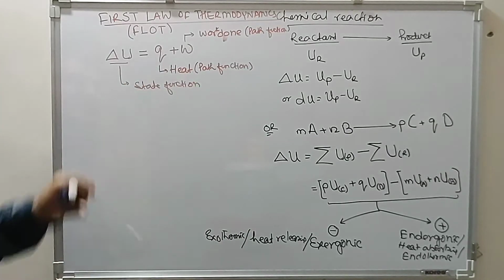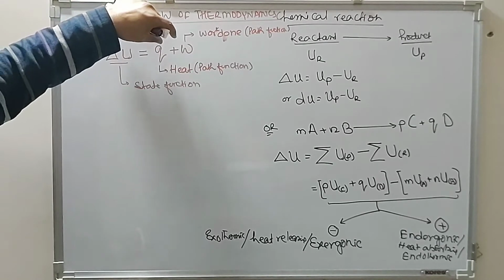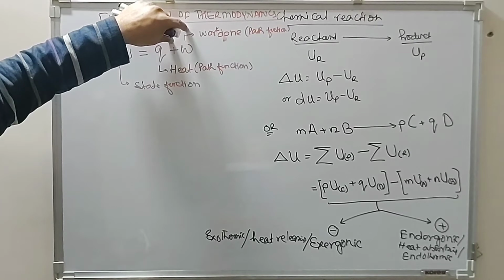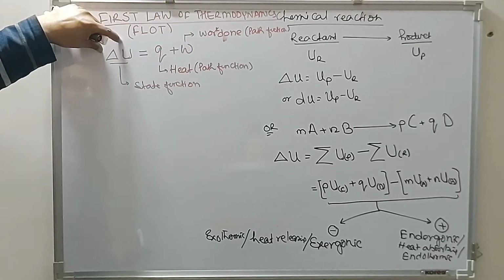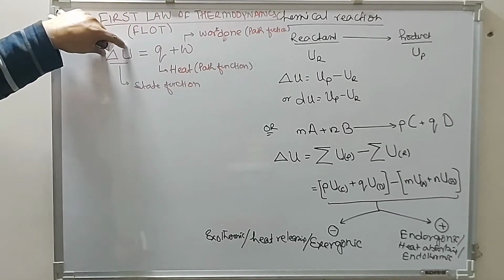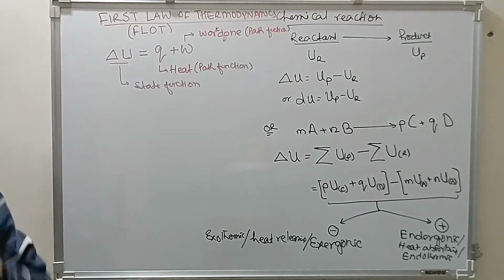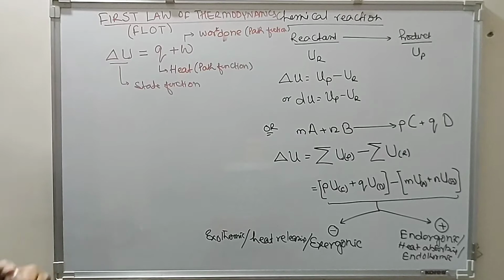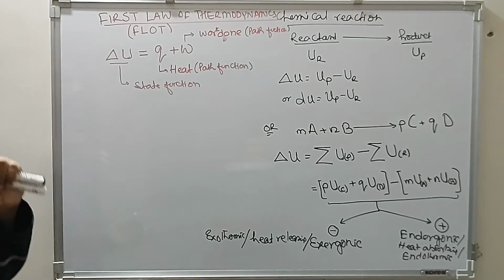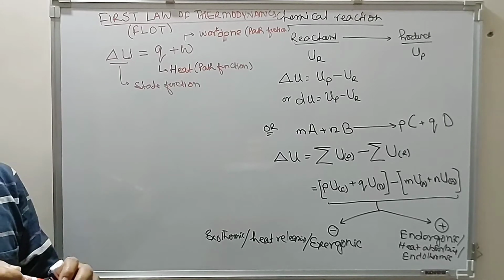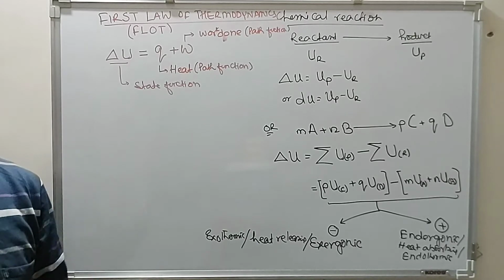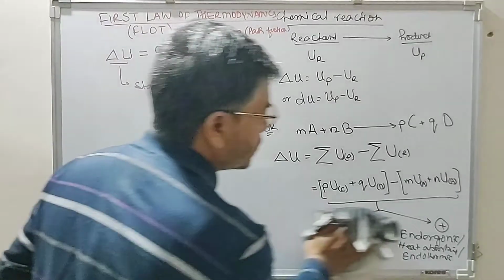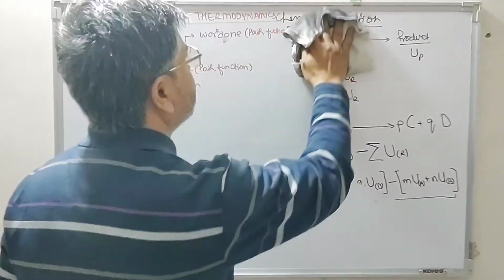So this summation of two path functions, that is heat and the work done, is equal to a state function which is known as the change in internal energy of the system. This is what we call the first law of thermodynamics. Now let's see what is the implication of this first law of thermodynamics and what are the conclusions that we can draw from it.